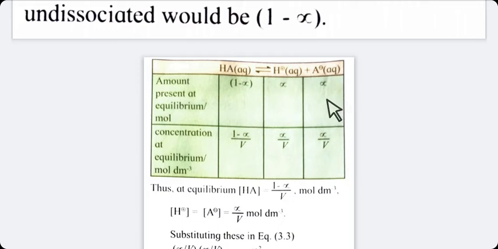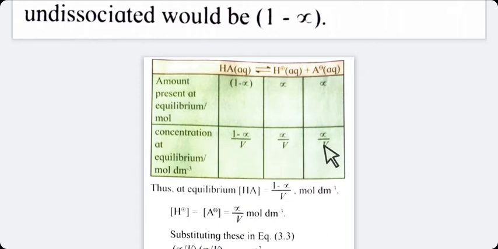We divide by volume because the formula of concentration is number of moles upon volume, C is equal to n upon V. Here the number of moles is 1 minus alpha and the volume is V, so the concentration is 1 minus alpha upon V. Here the number of moles is alpha and the volume is V, so the concentration is alpha upon V.